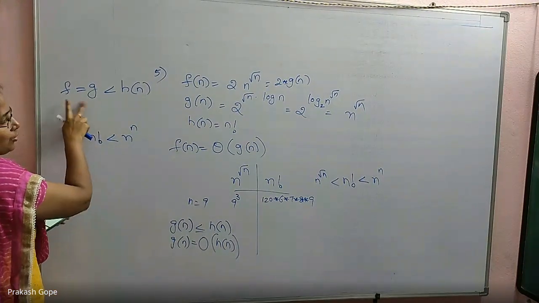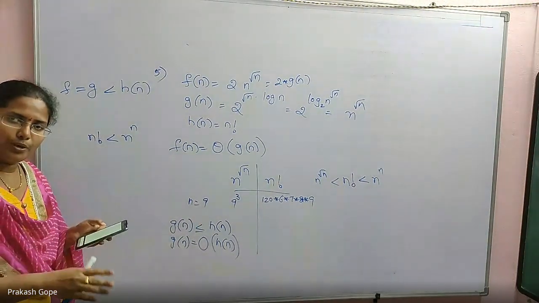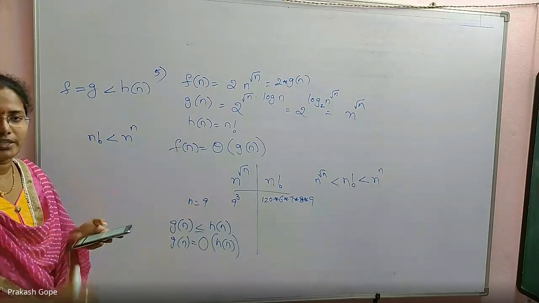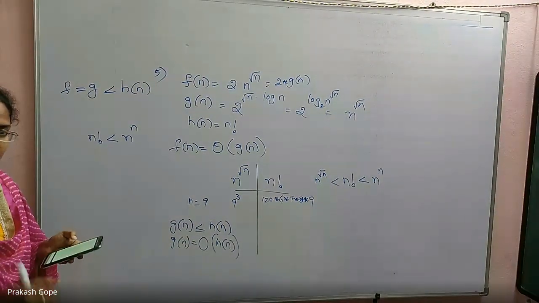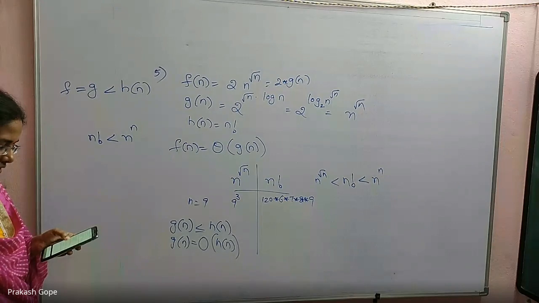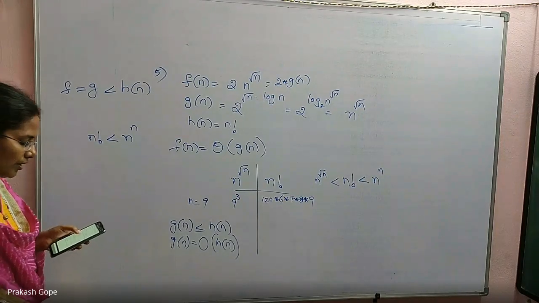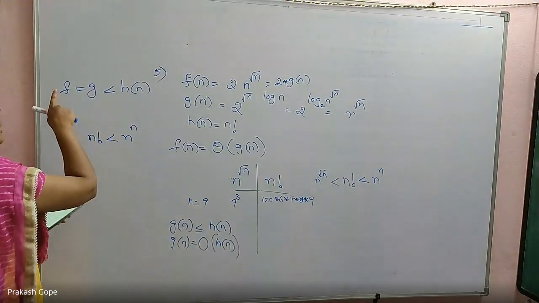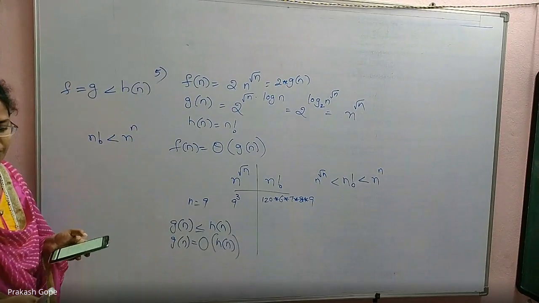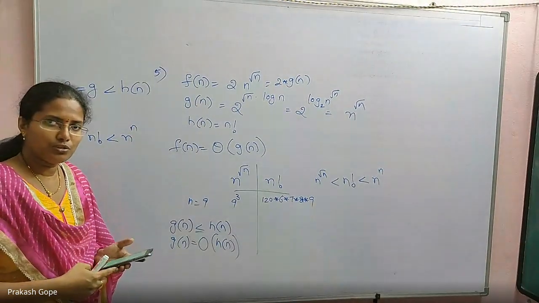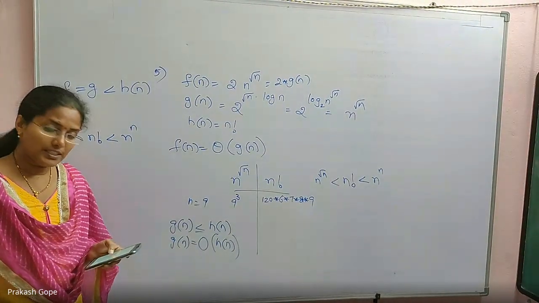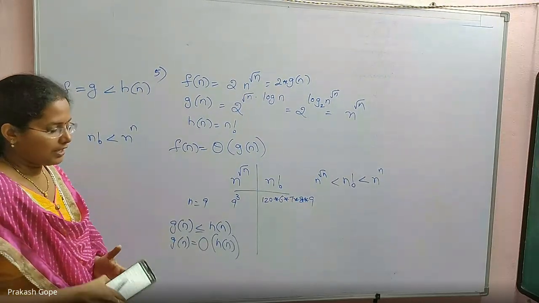No. Between these two functions, big O, big omega, theta, all are true from both sides, and it is saying it is not, so that is also false. D: f of n is equal to big O of g of n. If theta is true, obviously big O is also true. So the answer is D.